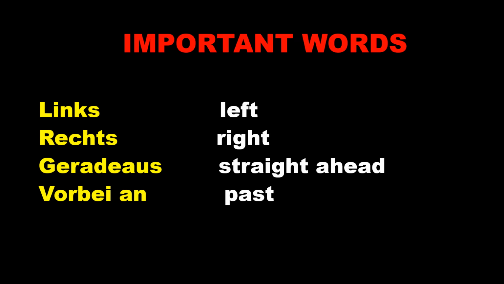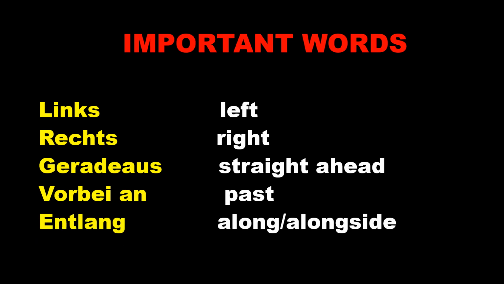All these words are related to directions. Entlang, along or alongside. So once again I'm repeating these words: links, rechts, geradeaus, vorbei, an, entlang. So this is our first list.